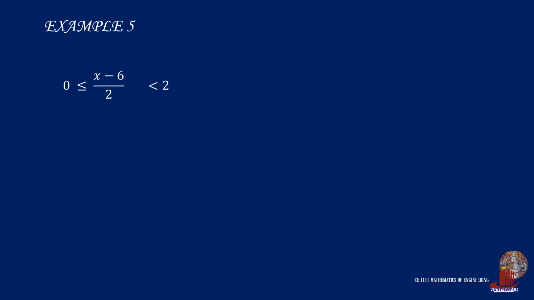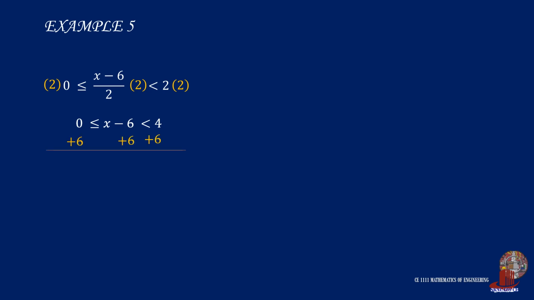For the fifth example, there is 0, which is less than or equal to x minus 6 upon 2, then this is less than 2. If 2 is multiplied in each term, the denominator on the middle term will be eliminated, resulting in 0 as less than or equal to x minus 6, which is also less than 4.